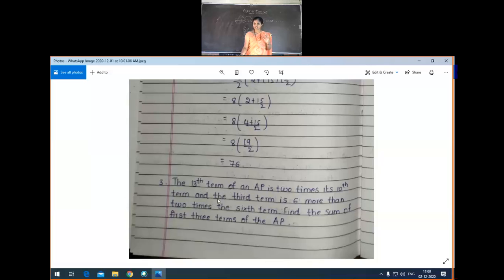And the third term A3 is 6 more than 2 times the sixth term.